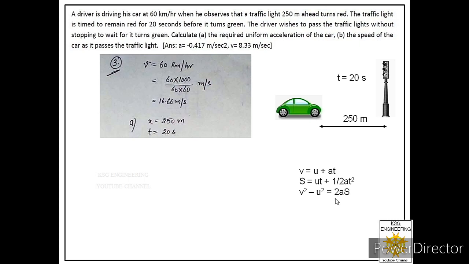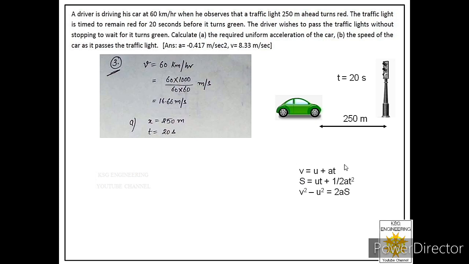In these three equations, we have acceleration in all the three equations. But in this equation, we have final velocity also. For this situation, we don't know the final velocity of the car because acceleration is not known to us, that we have to find. So this equation is not useful for us. Similarly, over here in this equation, we have final velocity.